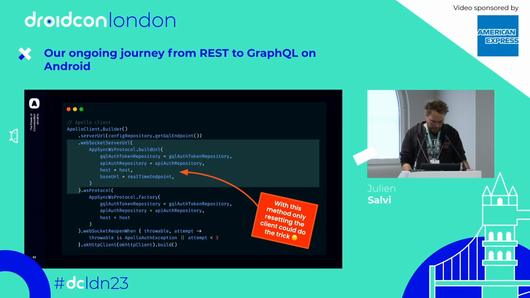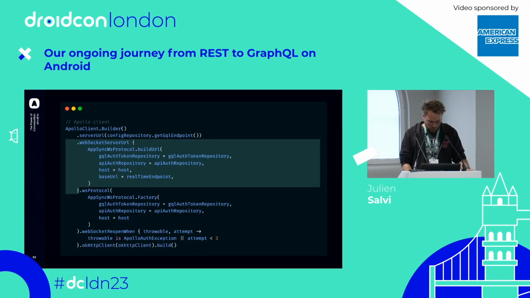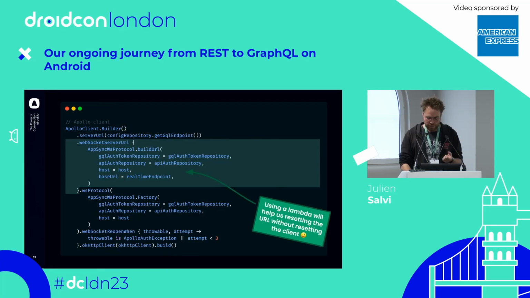So we thought, if we add a lambda here, we can trigger the WebSocket server to be reset every time we have a new token, so we can set the right server URL with the right authentication inside of it.